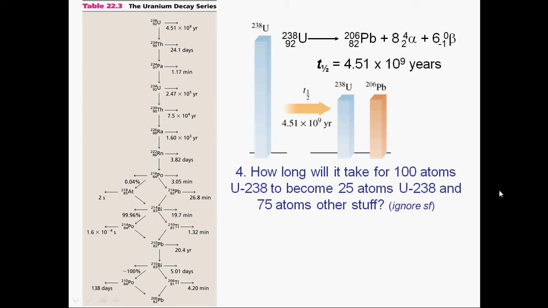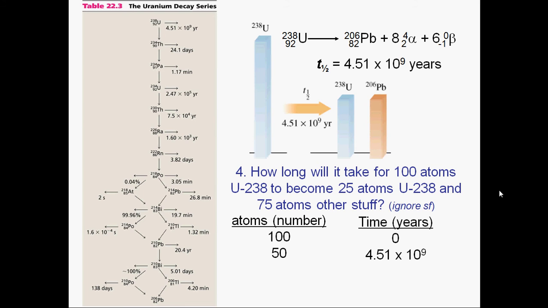Now, in order to figure this out, one thing that we could do is make a table, okay? Looking at the number of atoms that we have versus the number of years that have gone by. So at the very beginning, time 0, we've got 100 atoms. Now, how long is it going to take for us to have 50 atoms? 1 half-life, 4.51 times 10 to the 9th years, because that's the amount of time it takes for it to divide in half.